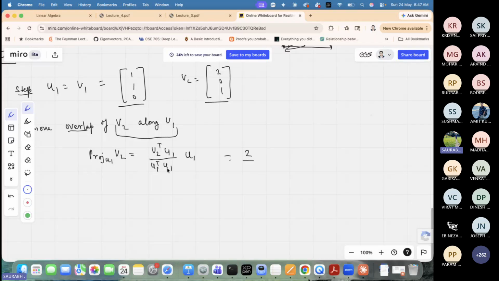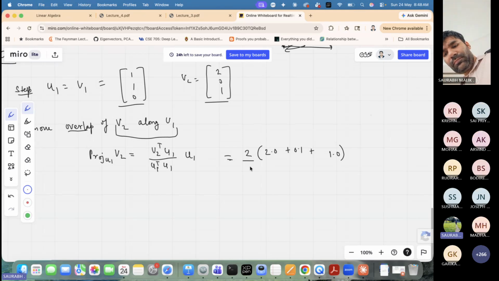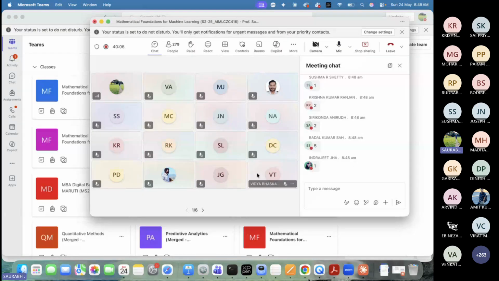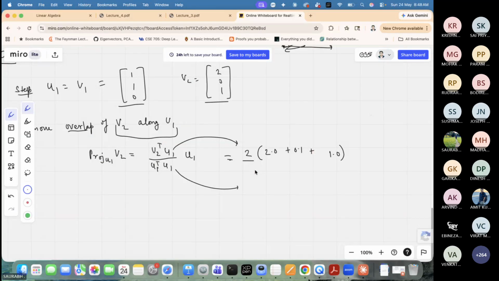The denominator is U1 transpose U1, the dot product of U1 with itself.